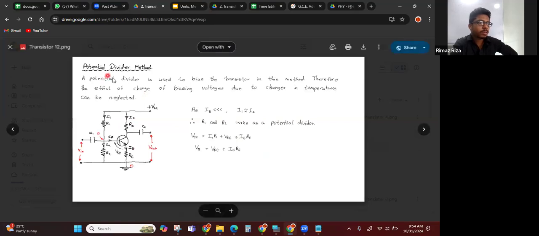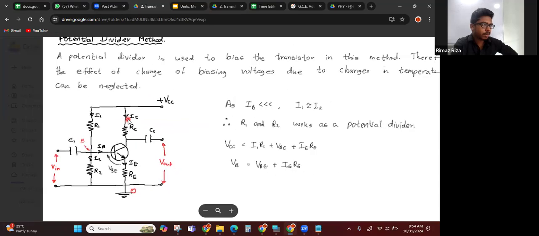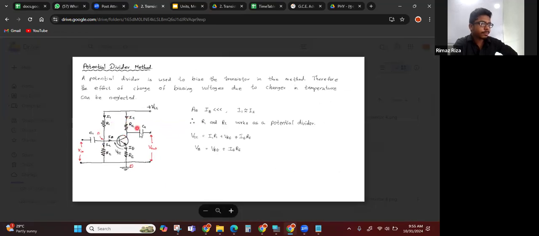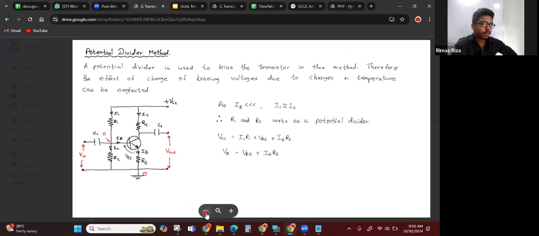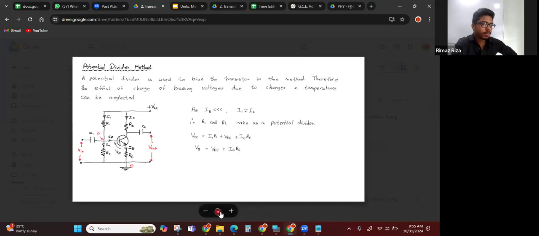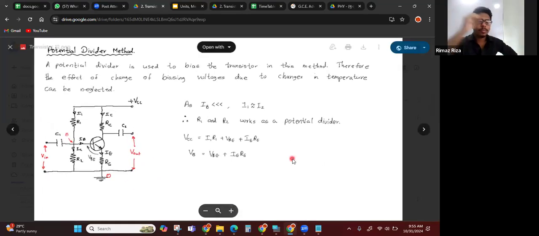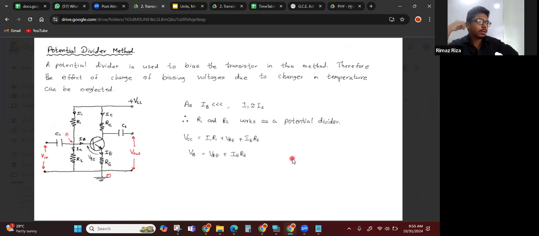And the next one, potential divider method. Okay, so first draw this and then I'll explain. Write down the topic potential divider. And you can draw this circuit.